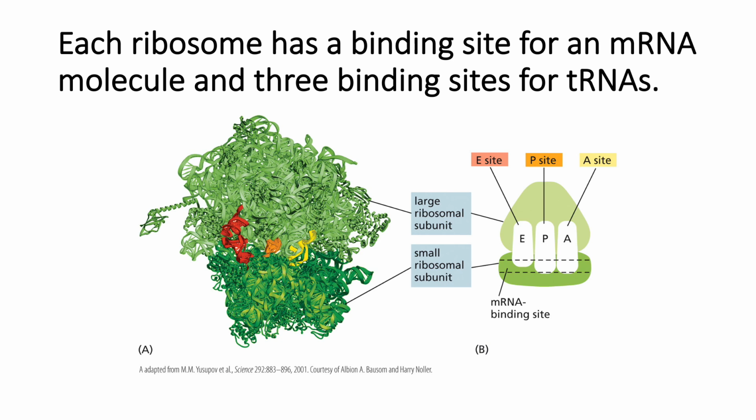And the E site actually means the exit site. After a new peptidyl transferase reaction takes place, the E site has an empty transfer RNA and it's released from the ribosome. So E site, P site, and A site, and we'll look at what is bound to those now.